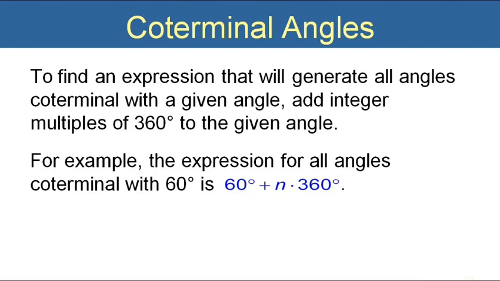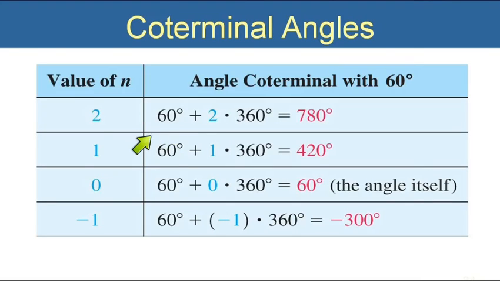To find an expression that will generate all angles coterminal with a given angle, add integer multiples of 360 degrees to the given angle. So if I want to generate all of the angles coterminal with 60 degrees, I could write 60 degrees plus n times 360, where n has to be some integer. So, for example, if I let n equal 2, I get 60 plus 2 times 360, which is 780.